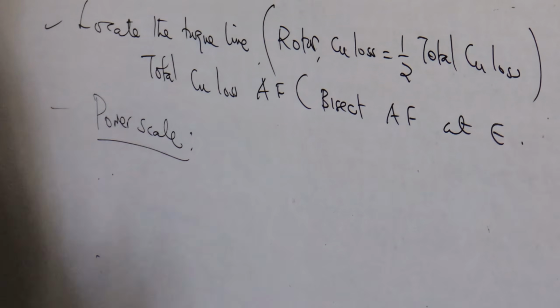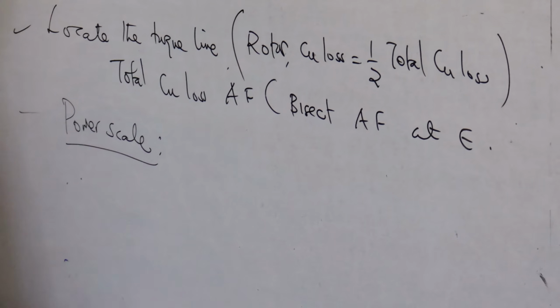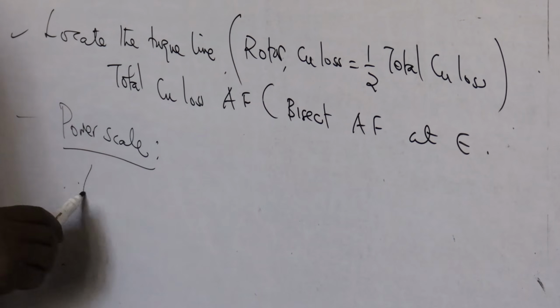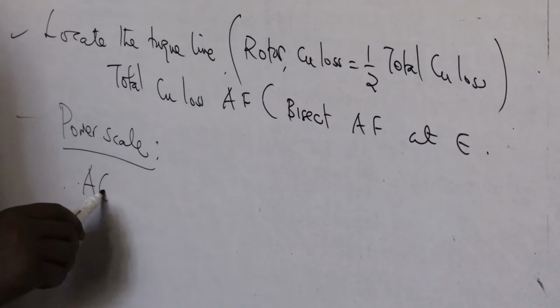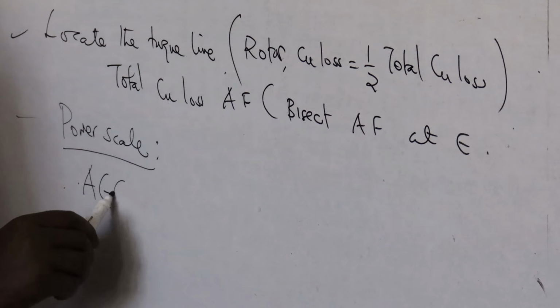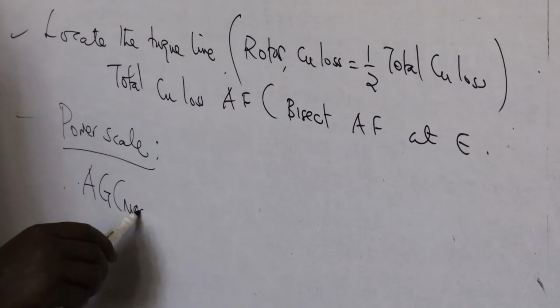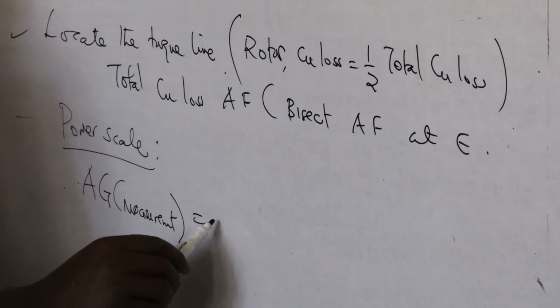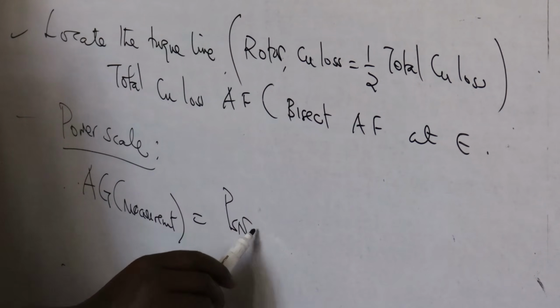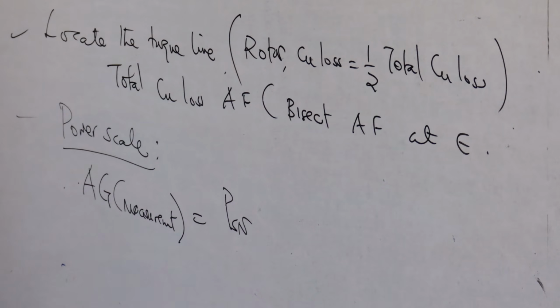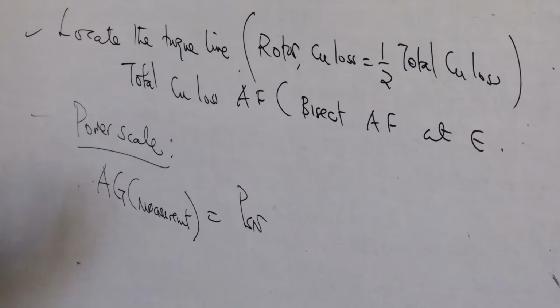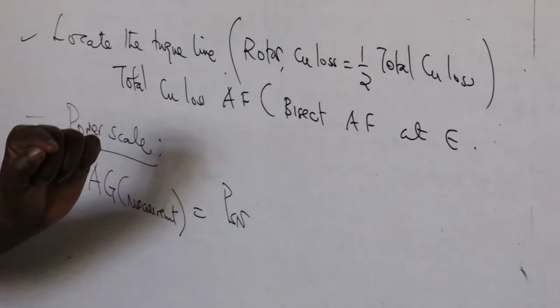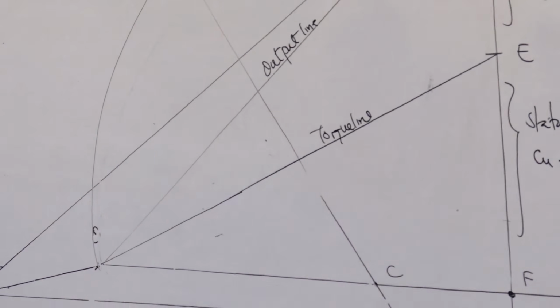For us to get the appropriate power scale, you declare that A to G, that is the measurement, is equal to PSN. That's the point you need to remember. Remember PSN we calculated.